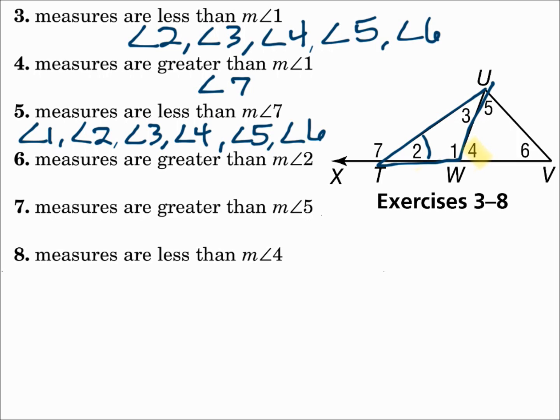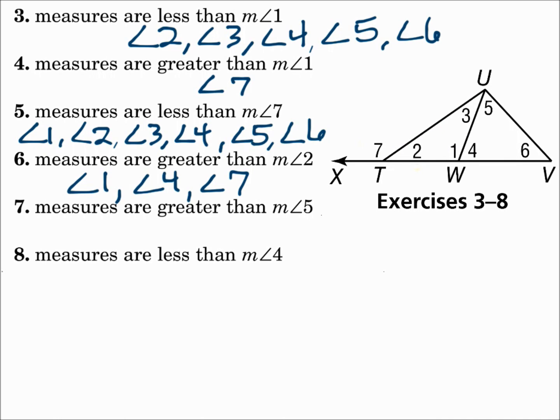Also, since angle 2 is acute, then any obtuse angle measure is greater, like angle 1 and angle 7. So the answer is angle 1, angle 4, and angle 7. The exterior angle is greater than the remote interior, and the obtuse is greater than the acute.